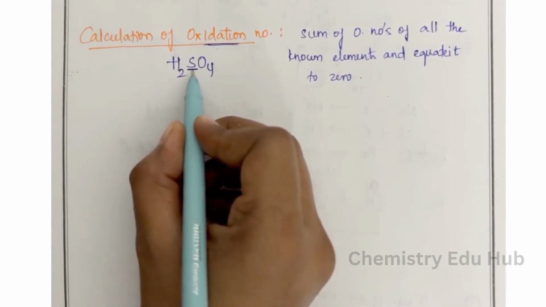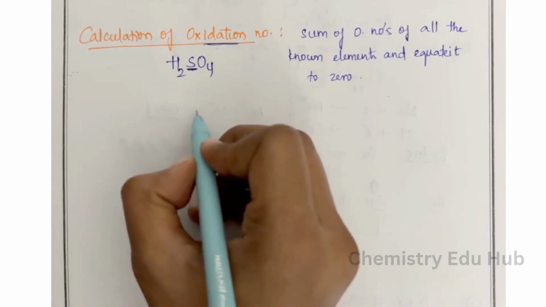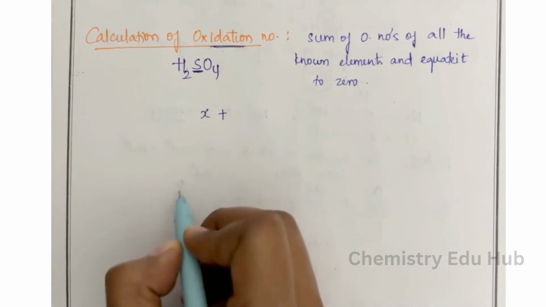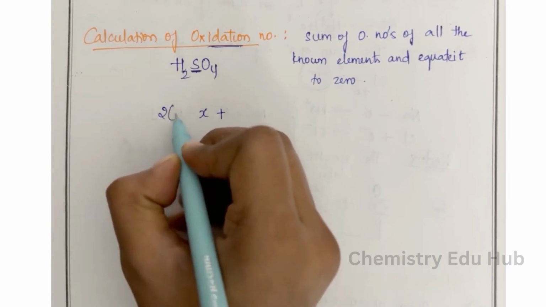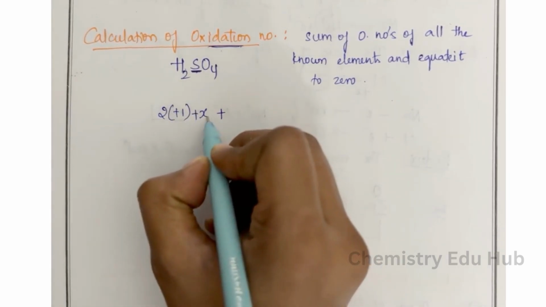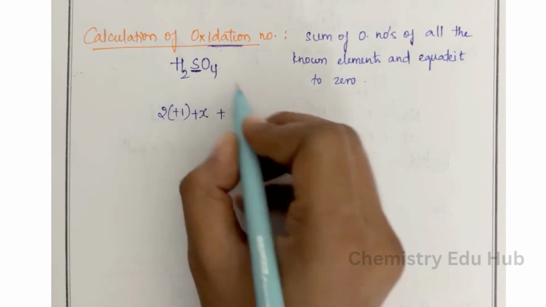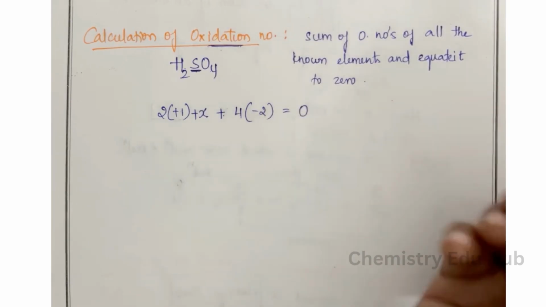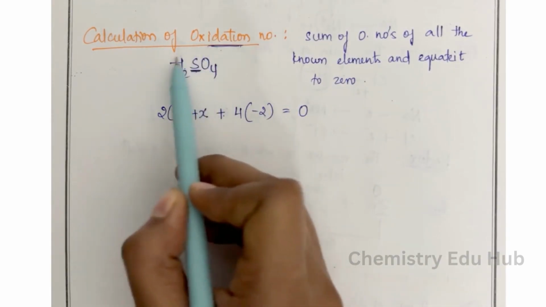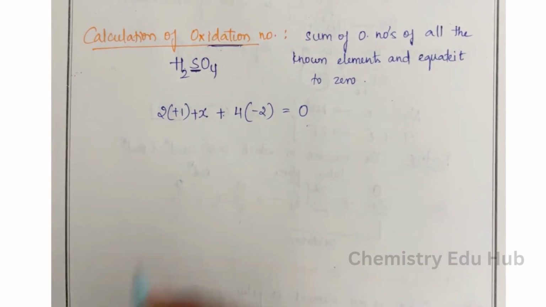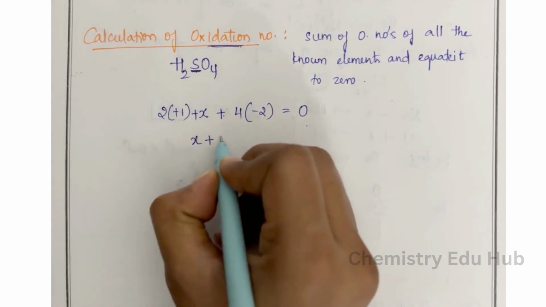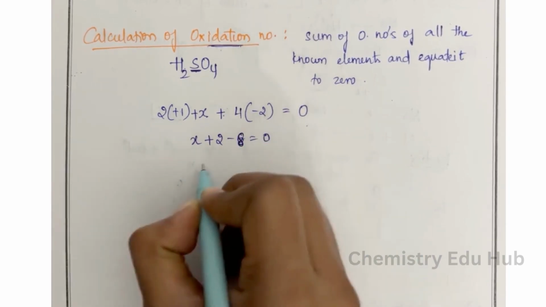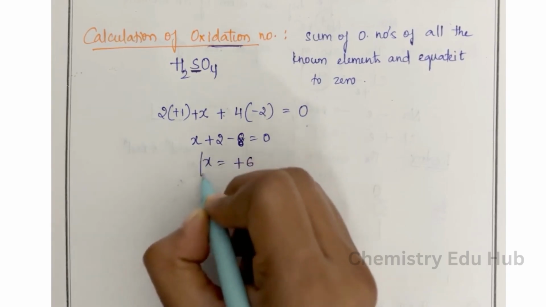Sulfur we don't know and it is present only once, so you take it as X. 2 hydrogens are there, each hydrogen will show +1, so 2 into +1 plus X for sulfur plus 4 oxygens, each oxygen is -2, equal to 0. Since there is no charge on the compound, you take it equal to 0. So what will be X now? X plus 2 minus 8 equals 0, so X will be +6.